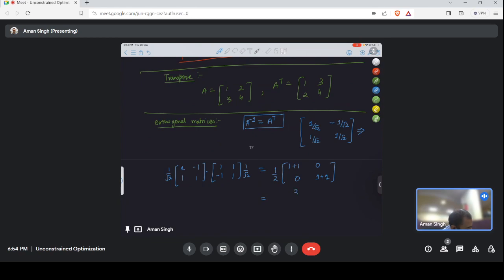So it becomes 2 by 2, 0, 0, 2 by 2, which is 1 0 0 1.